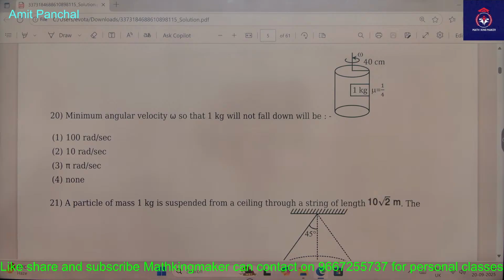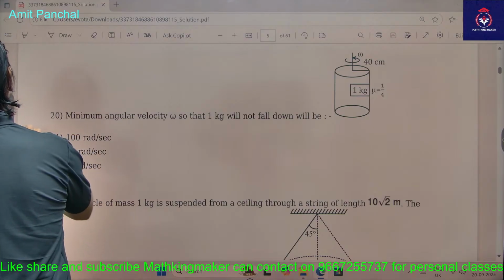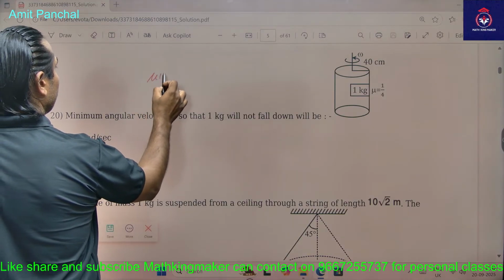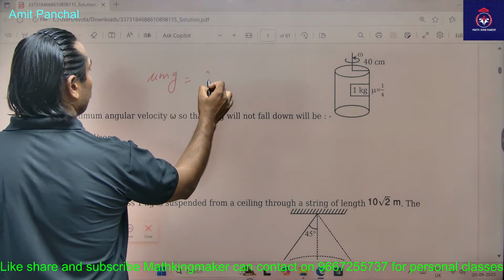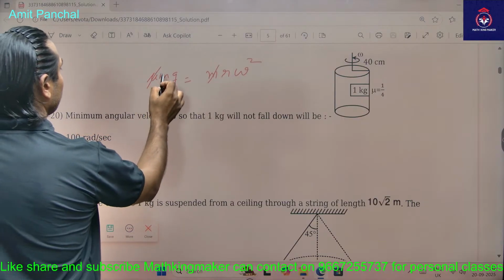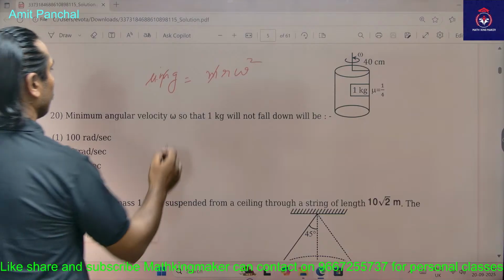Can you solve it? Yes. So mu mg will be equal to m r omega square, m cancelled.